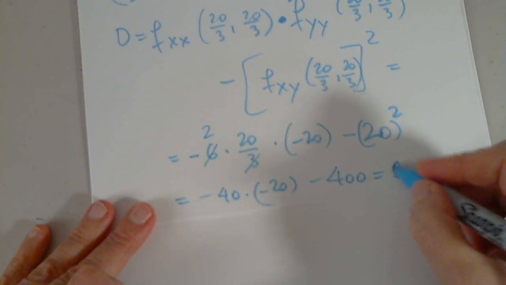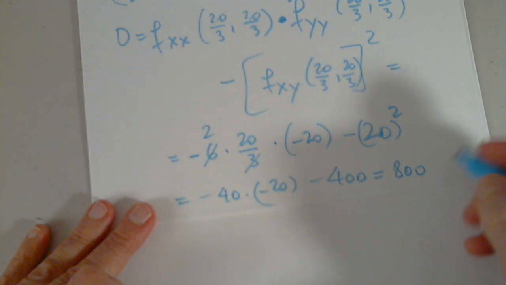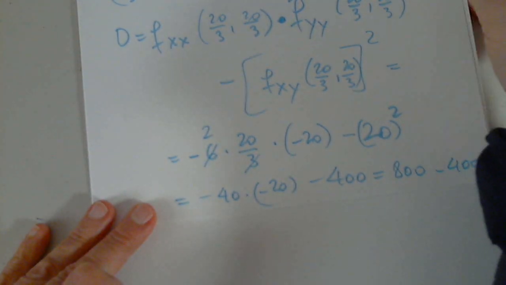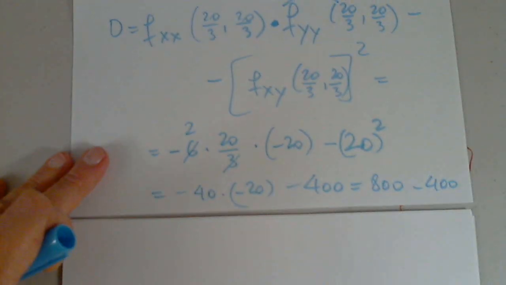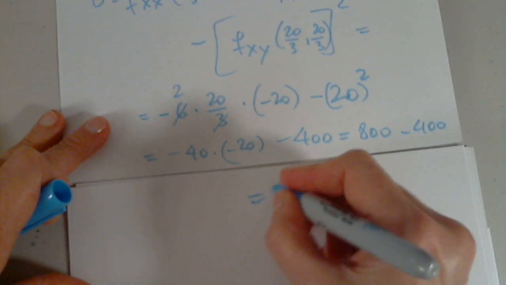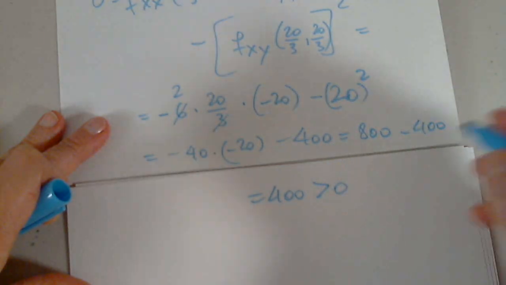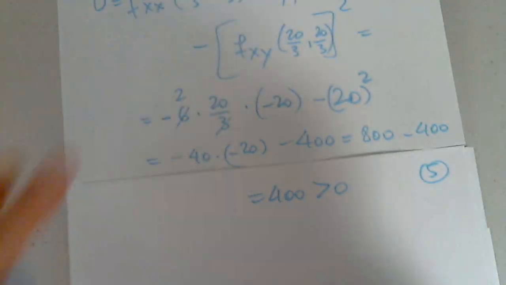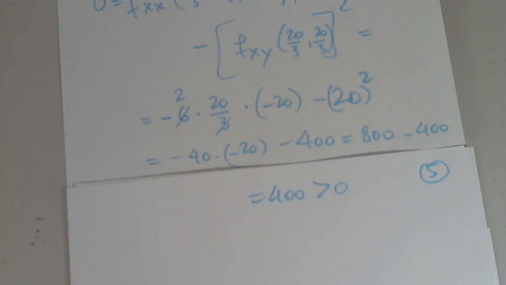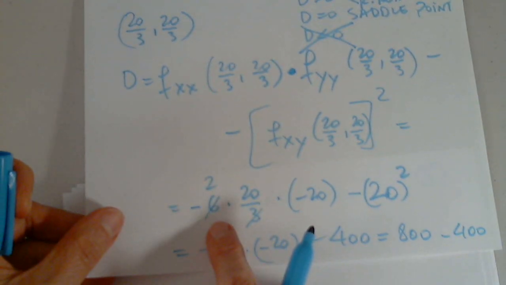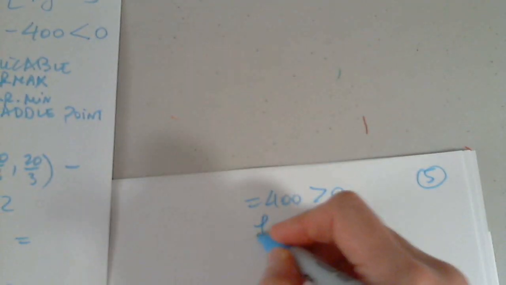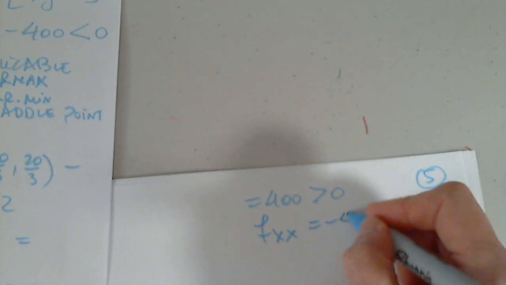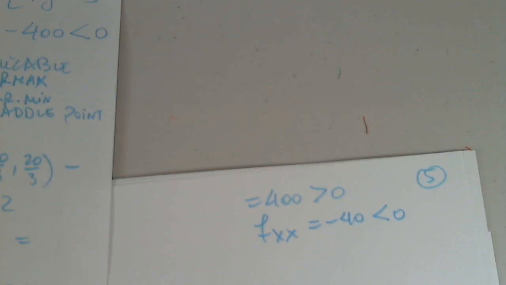This is +800 and -400, which is a positive number. So it's 400, a positive number. And now I have to check fxx. fxx was this number, -40. So fxx is -40, which is less than 0.